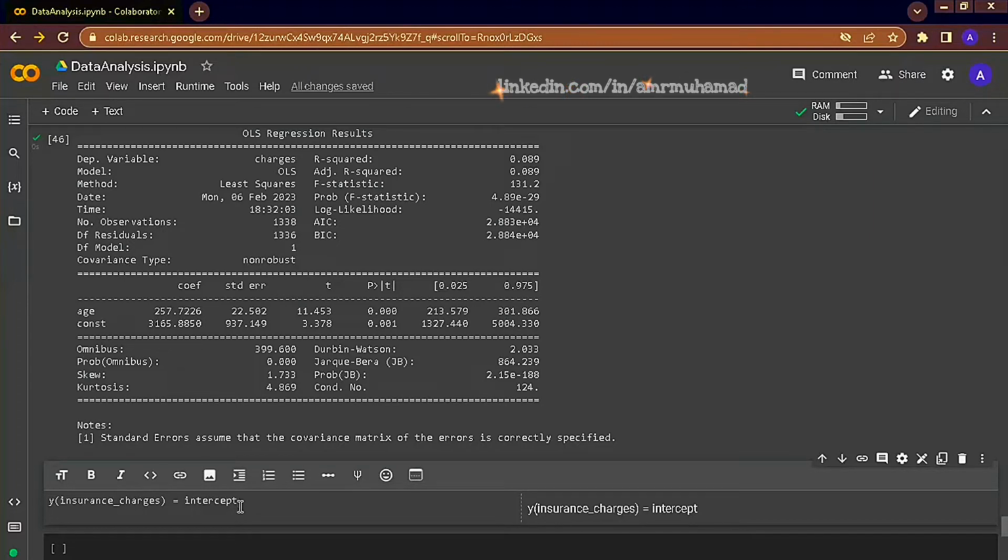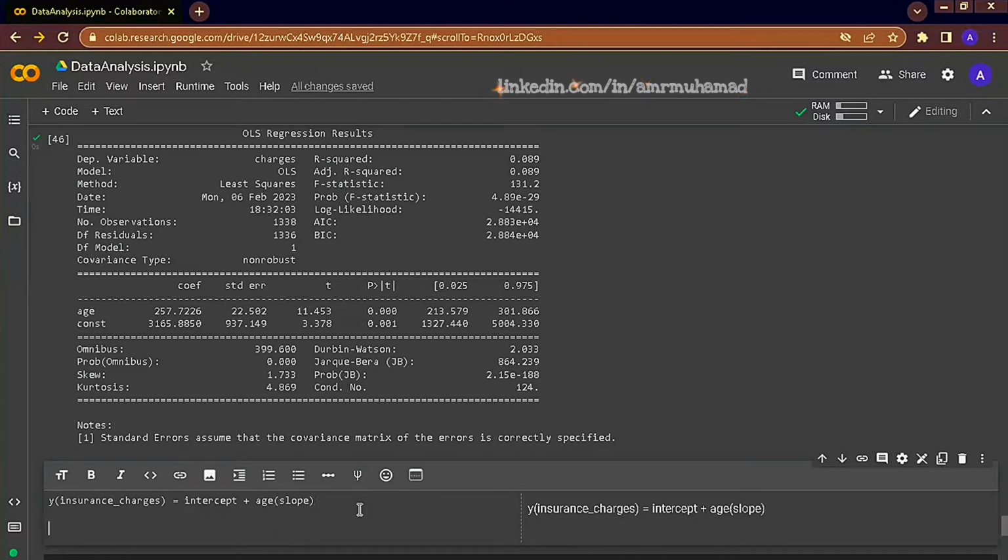So if we take this model for example, and we assume that y, the insurance charge, is a function of intercept plus age, then the intercept is the value of y when age is equal to 0. Age in this term is referred to as the slope, and slope is basically the amount of variation in the dependent variable that is explained by a change in one unit of the independent variable.